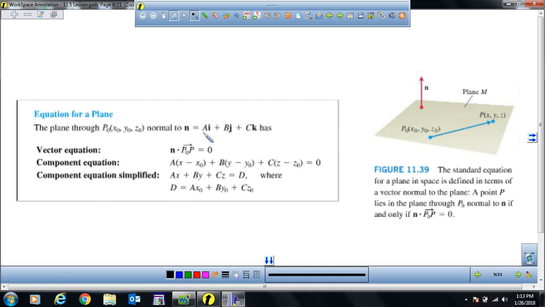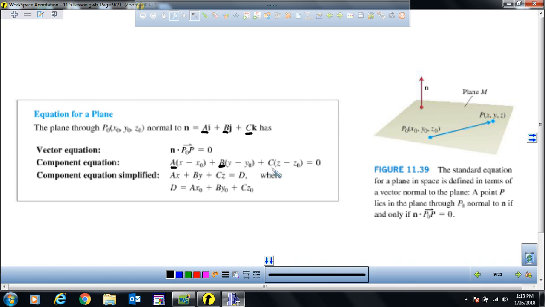Remember what we talked about is that any vector that has the same components as the components of a plane will always be normal, or perpendicular, to the plane. So if I know a normal vector, I can use those components as the components for the plane.